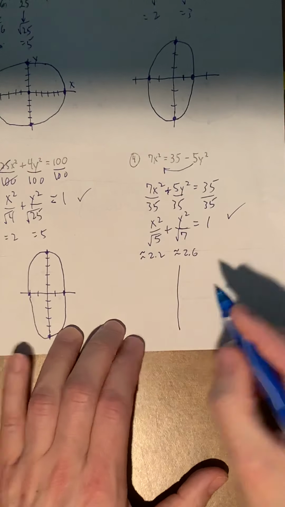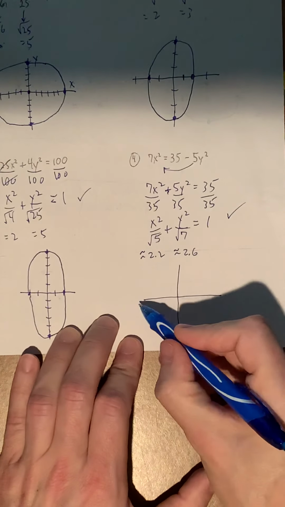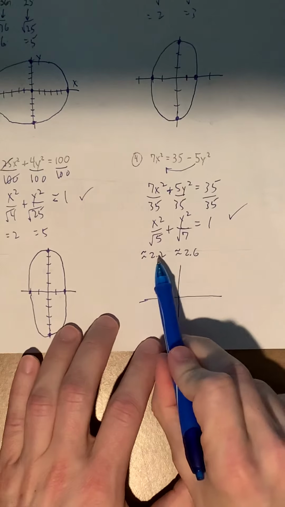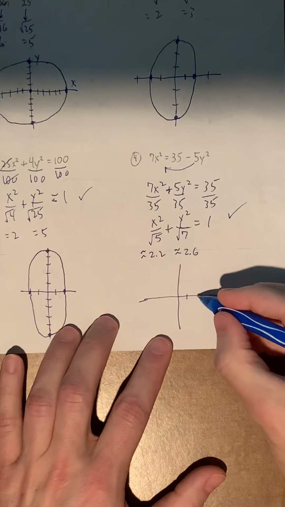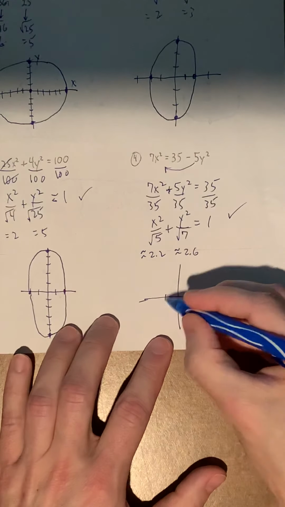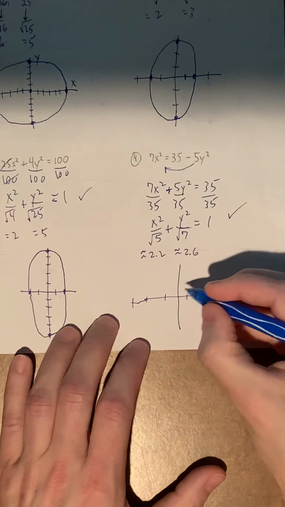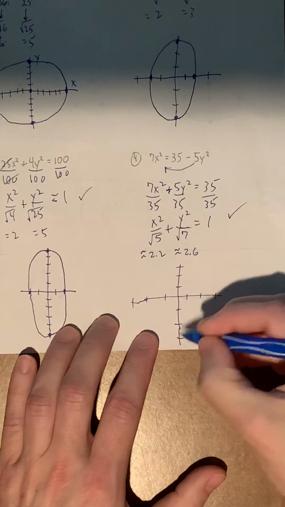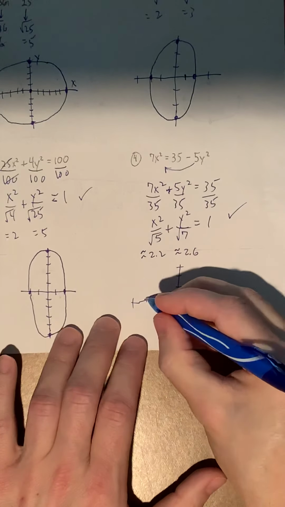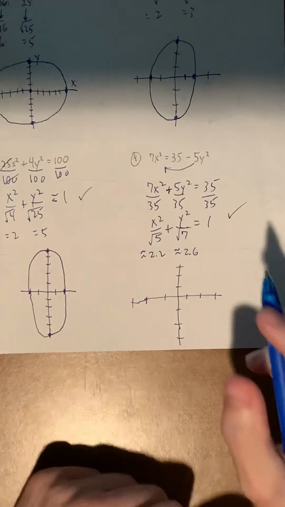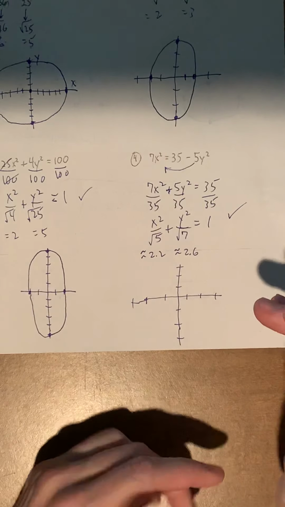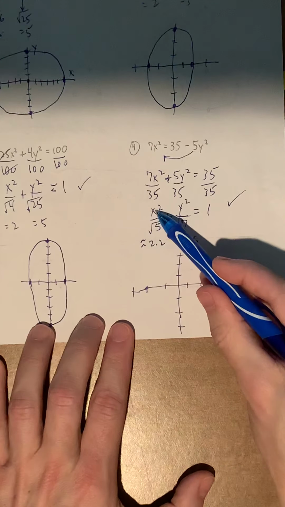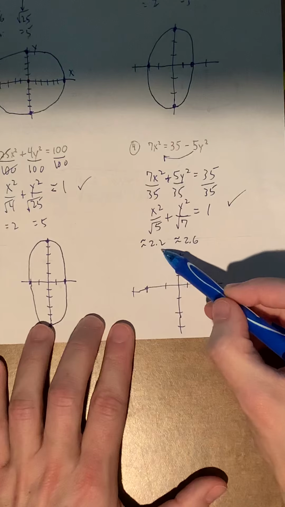All right, so here we go. This is between 2 and 3, so we have to probably take it out to, all right, you can just approximate, guys. It doesn't have to be perfect, but I do want to see your 4 intercept points. So in the x direction, just a little bit past 2 each way.